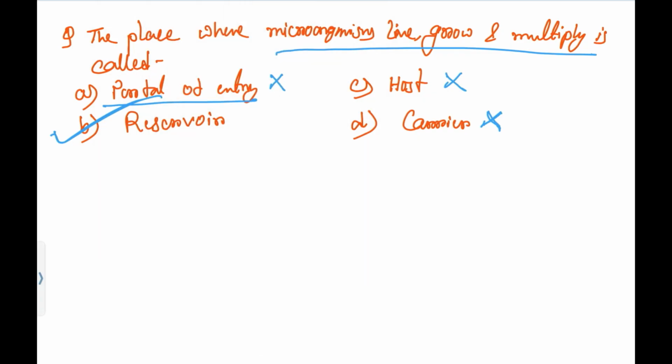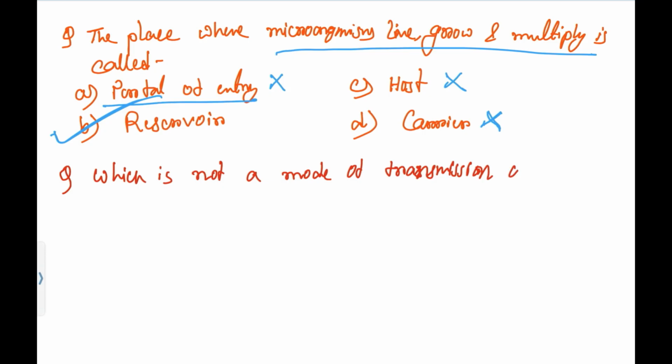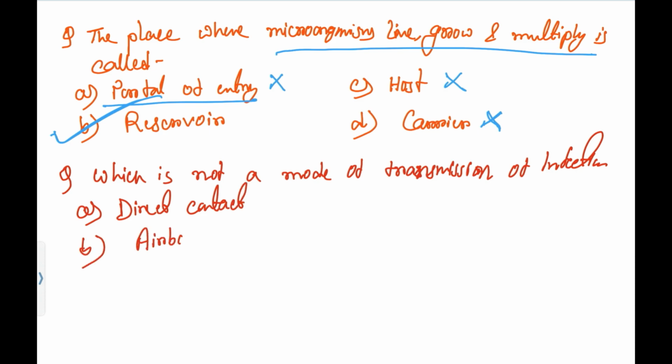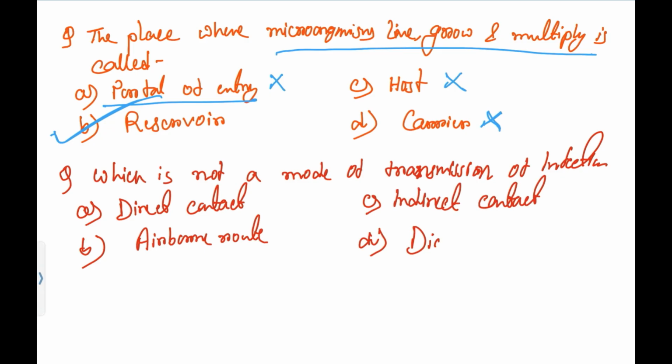Now coming to the next question: which is not a mode of transmission of infection? Your options: A direct contact, B airborne route, C indirect contact, and D digestion.